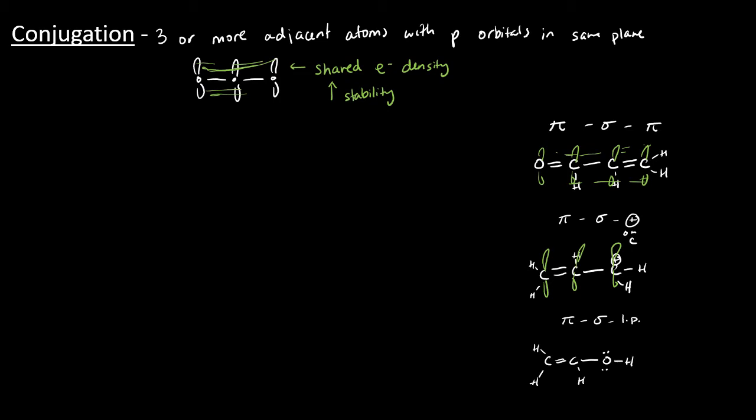So this is where it gets tricky, because we would normally think about this oxygen as being sp3 hybridized because it has 4 things attached to it. But it turns out to be more stable if it's sp2 hybridized, and one of those lone pairs is in a p orbital.